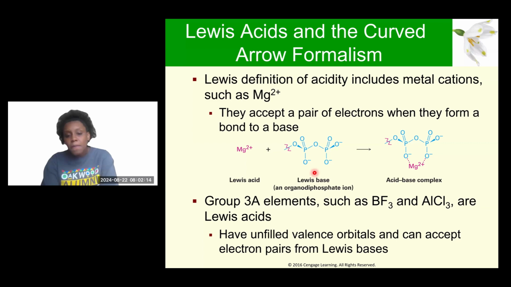So group 3A elements such as BF3, AlCl3, and boron fluoride are all Lewis acids. They have unfilled valence orbitals and can accept electron pairs from Lewis bases. Okay? And so whenever you see those, you know those are Lewis acids.